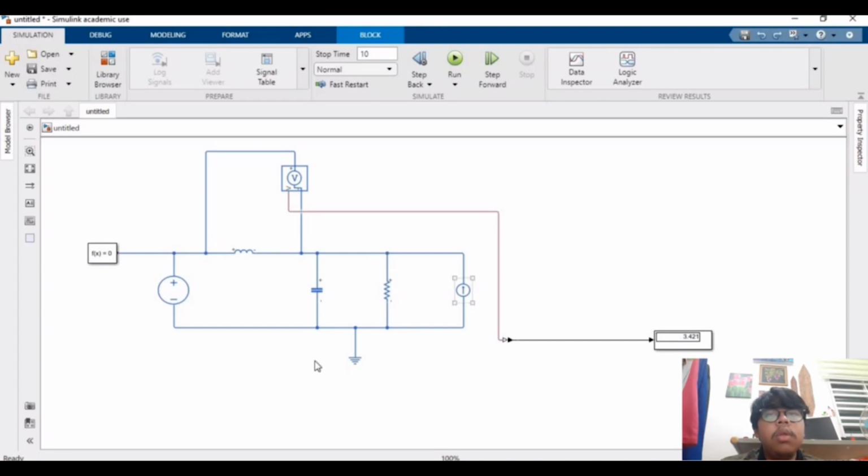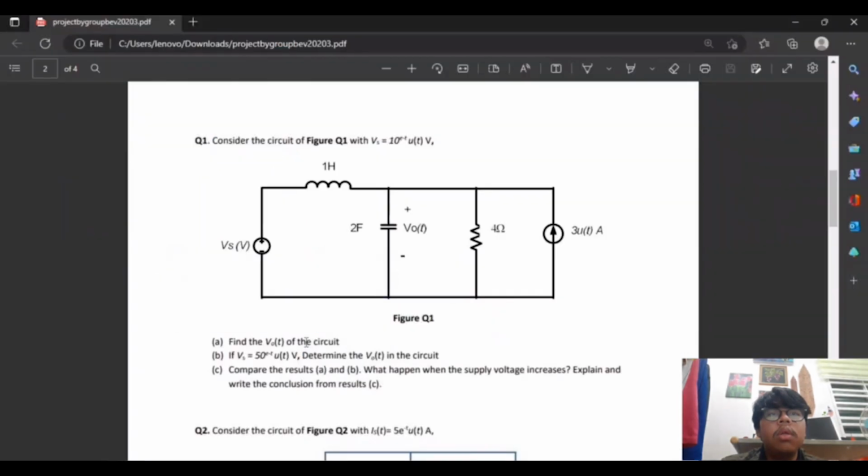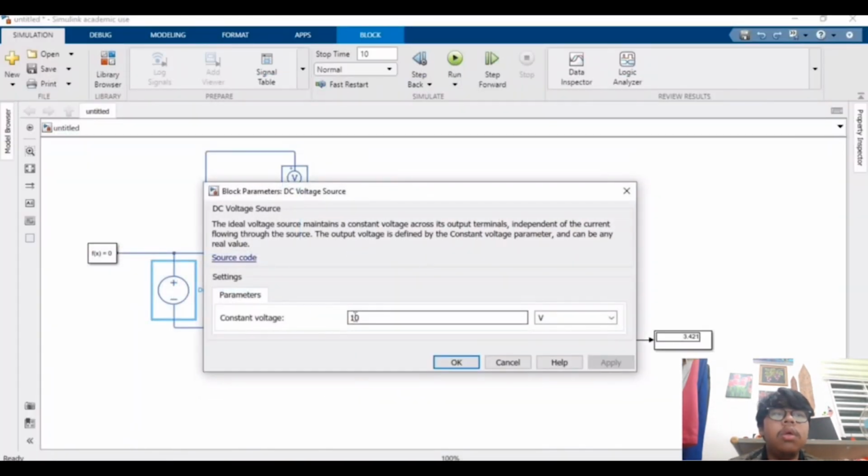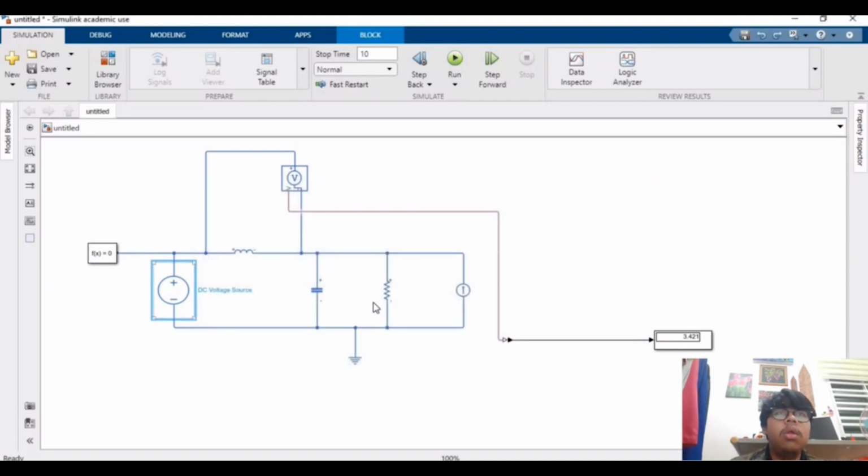So next we need to determine the VO in the circuit if the resource is 50. So we need to change the resource to 50, and then we will run again. So this is the value that we will get when we change the resource from 10 to 50.